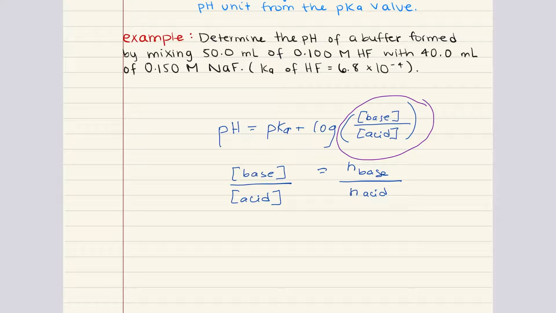Now, what we're given here is molarity, and we're given volume in milliliters. So to figure out the number of millimoles, we can multiply molarity by the number of milliliters. We saw this equation in a previous problem in this video. We're going to use it again here to figure out the number of millimoles for our base and for our acid.